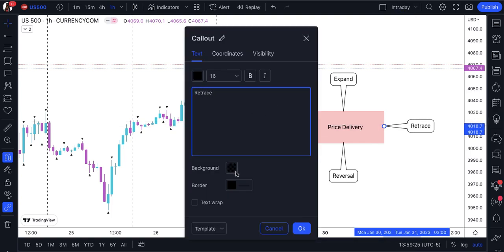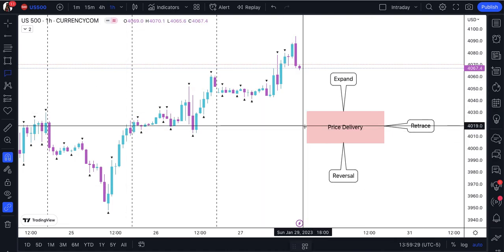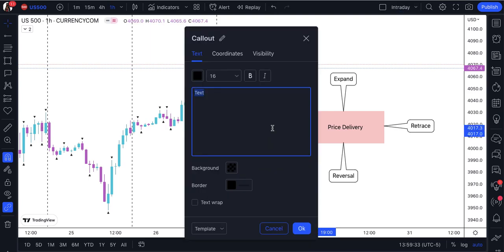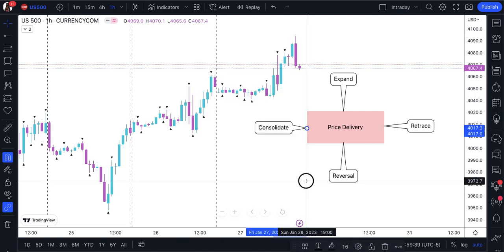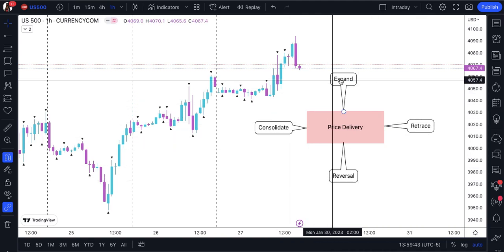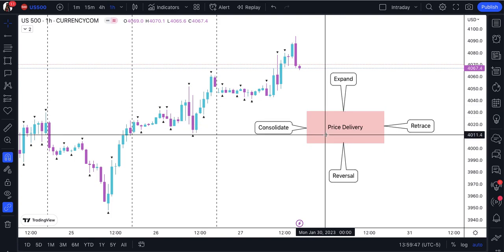Equals retrace. Or it will consolidate. So these are the 4 things that price will do, or how price is being delivered, how it's moving, I guess.